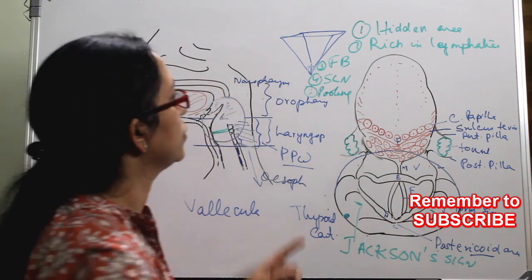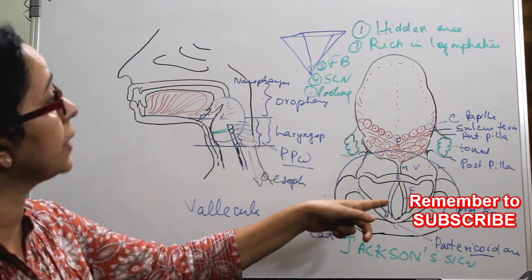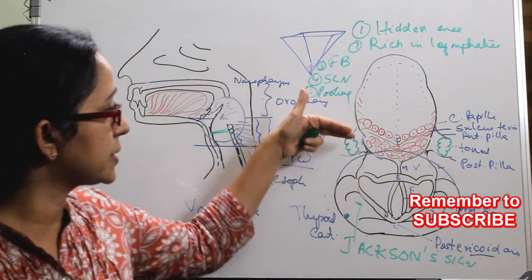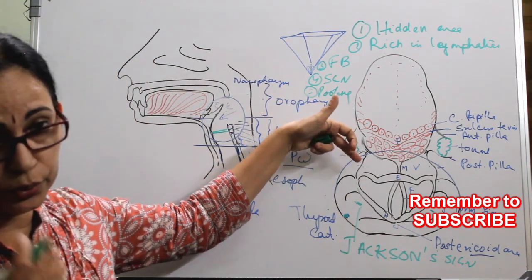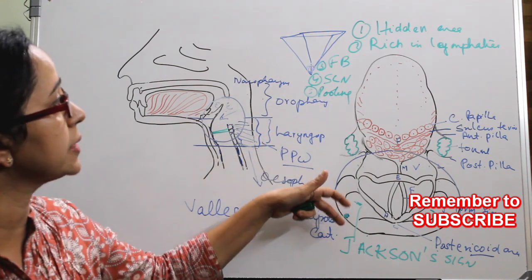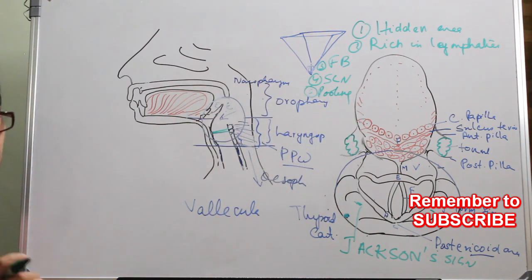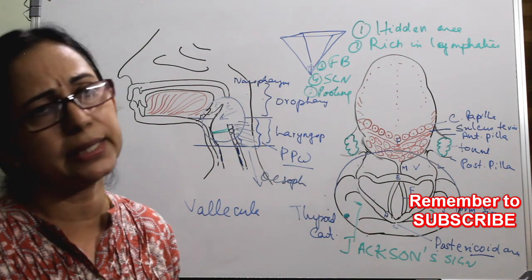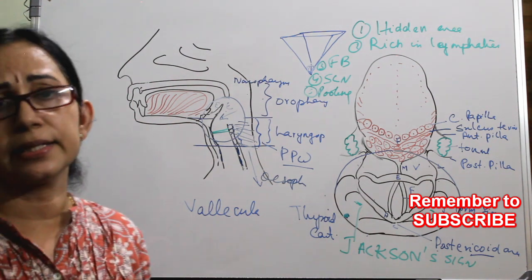Okay, so 5 things I told about the pyriform fossa. I told about the boundaries of pyriform fossa. It extends from the lateral glossoepiglottic fold or from the vallecula up to the esophagus, and it is a potential space. It is a hidden area of malignancy, and it is rich in lymphatics.